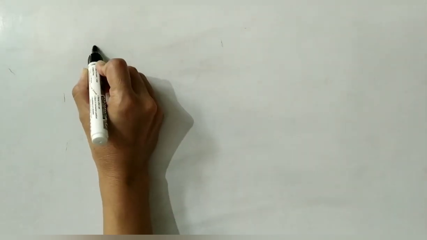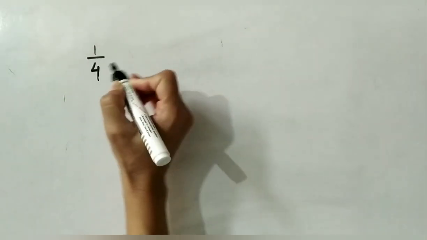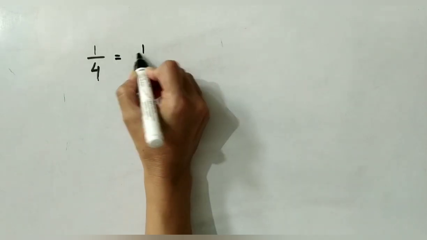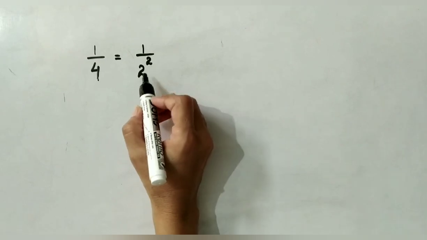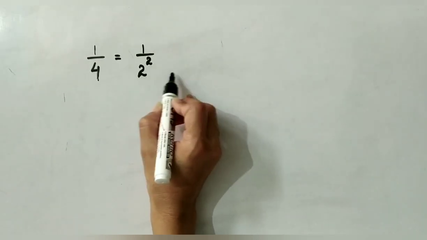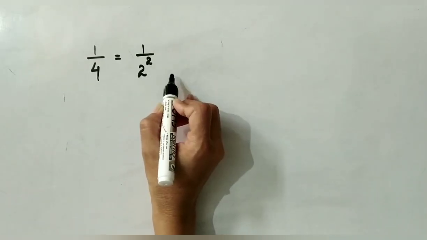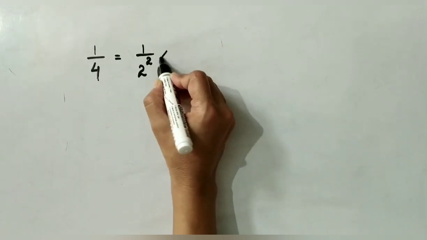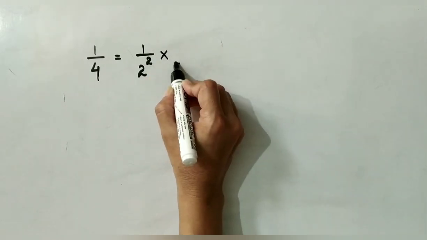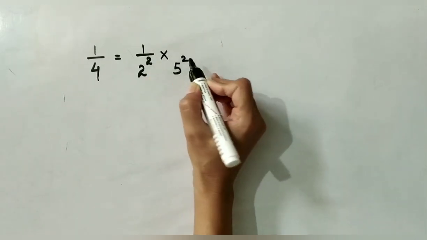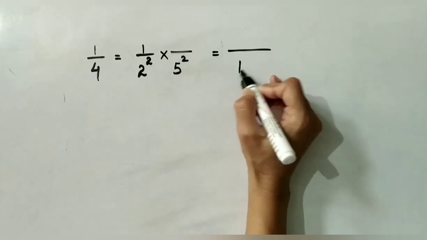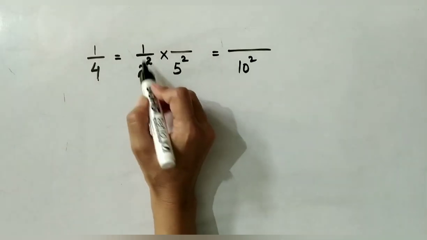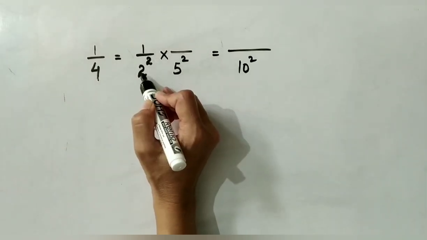Now let's take another rational number. It's 1 by 4. It can be written as 1 upon 2 square. Now if we want to change it into a denominator with a power of 10, what can we do? We know 2 square, and if 5 square comes in the denominator, this would become 10 square, but the number in totality remains, it should be balanced.